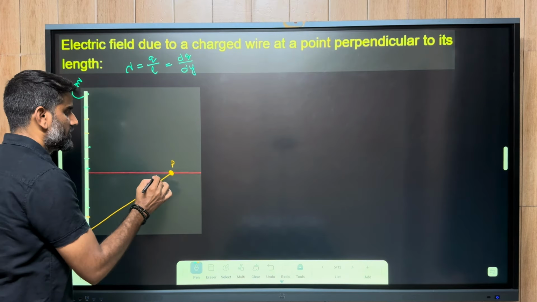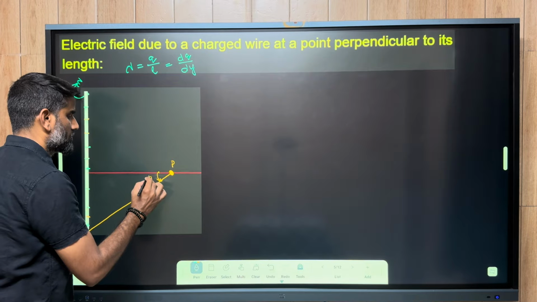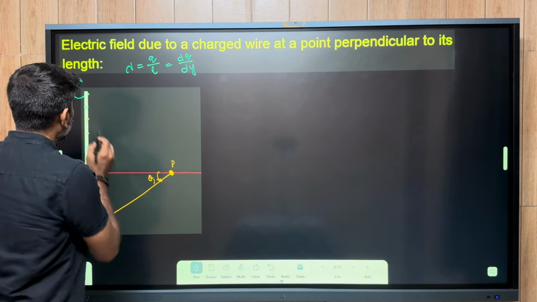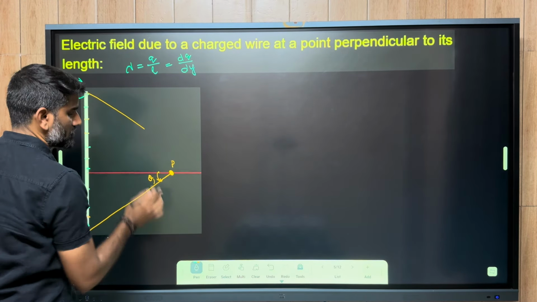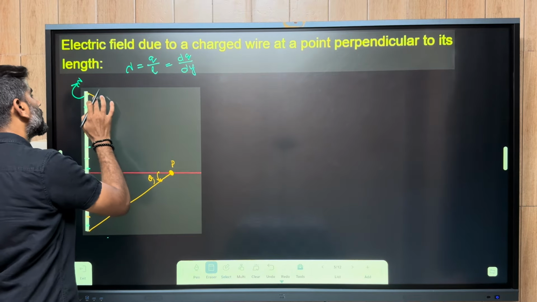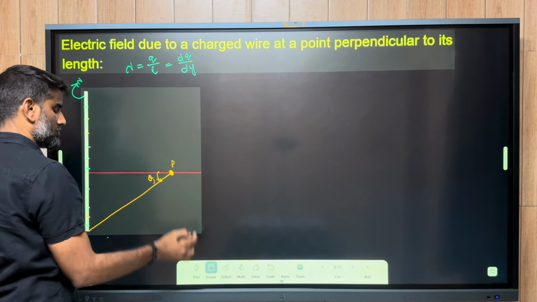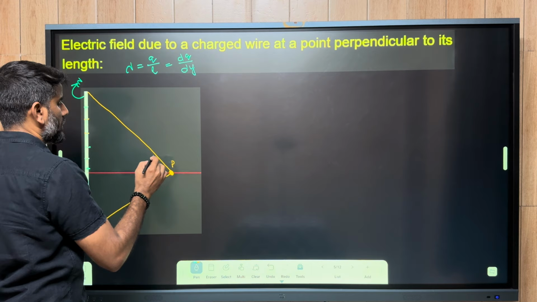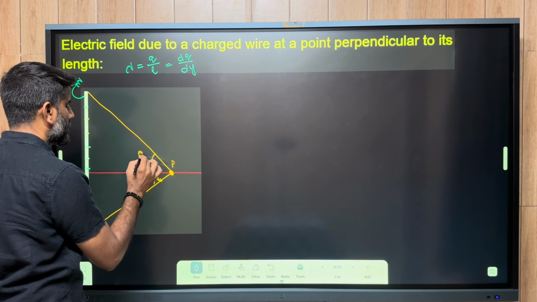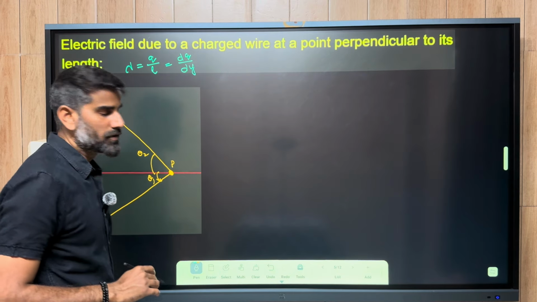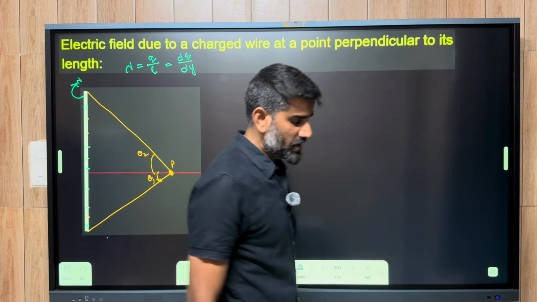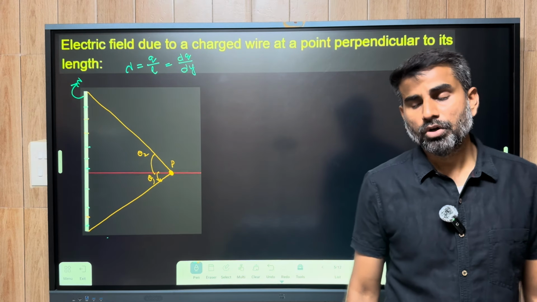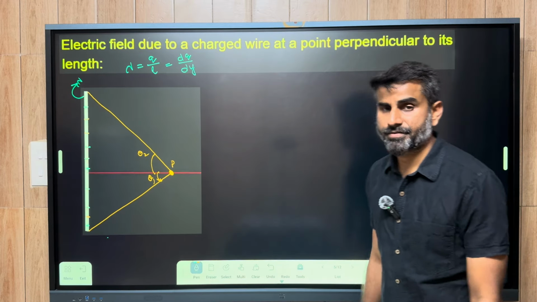Let this angle be theta 1, and from here to here, let this angle be theta 2. So the rod is extended at angles theta 1 and theta 2 from the point of interest.